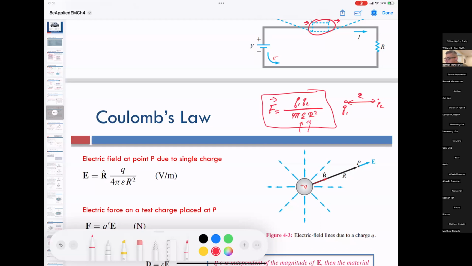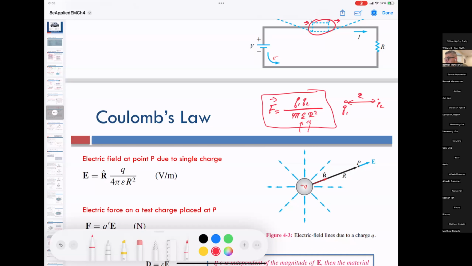If one is negative and the other positive, we get a negative value for the force, which means it's an attractive force: the two particles are attracting each other. If the force value is positive, they are repelling each other. So like charges repel and different charges attract.